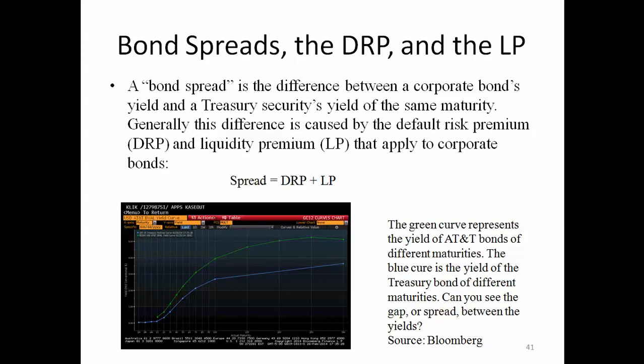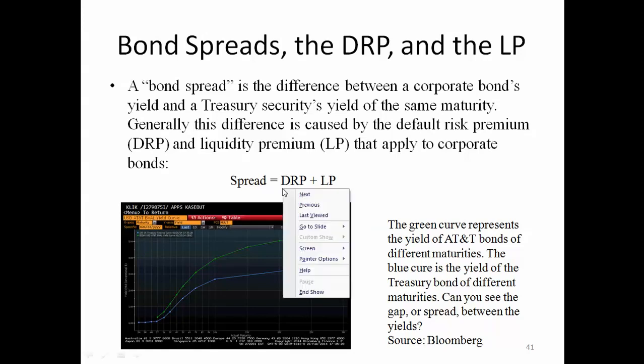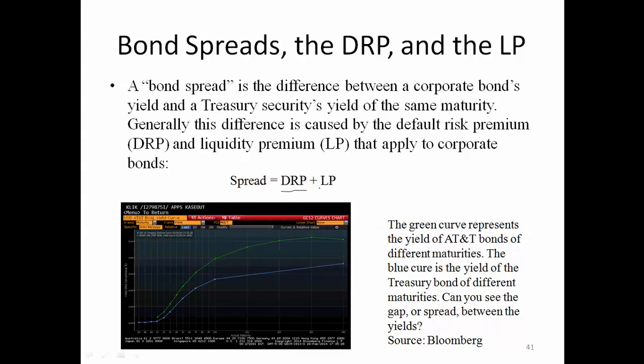But for a corporate bond, because of the default risk and lower liquidity compared to Treasury bonds, we assign a default risk premium and a liquidity premium to a corporate bond. So for example, the spread between a 5-year corporate bond and a 5-year Treasury bond is because of the default risk premium and liquidity premium for the 5-year corporate bond.